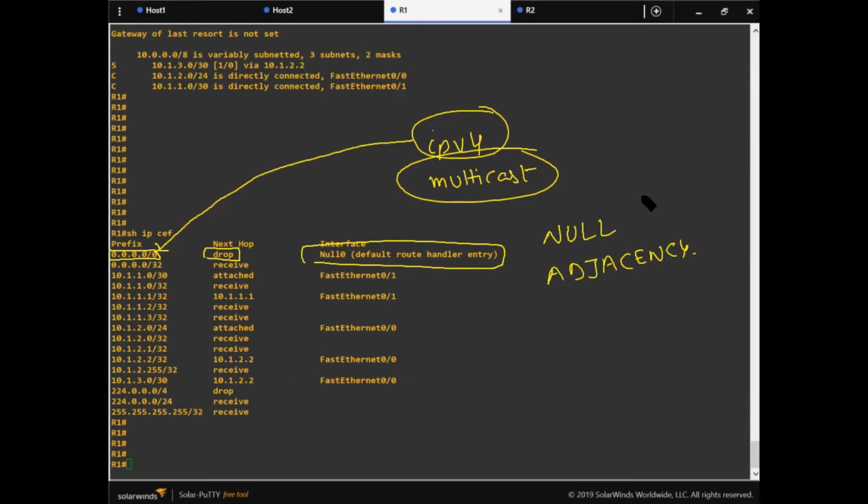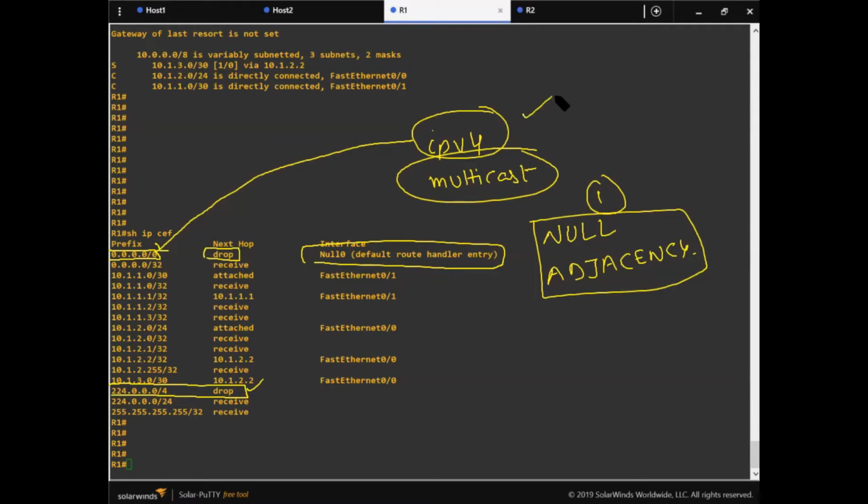Okay, is it clear? So this is the first adjacency which I am talking about in our CEF table. And similarly, we have the null adjacency for the multicast capability also. Different capability, different entries would be there. There is nothing for IPv6, but it's all right.